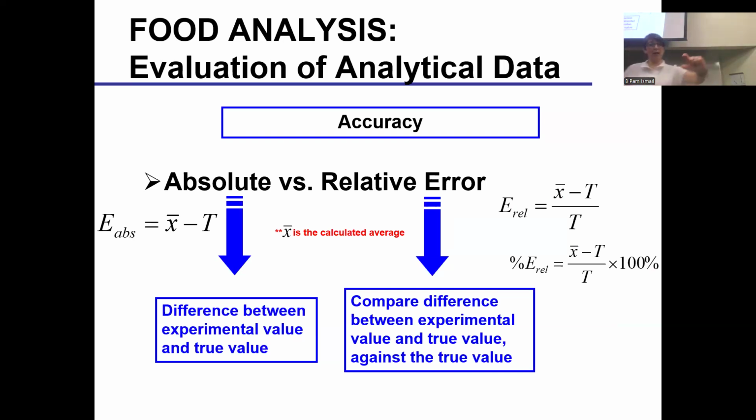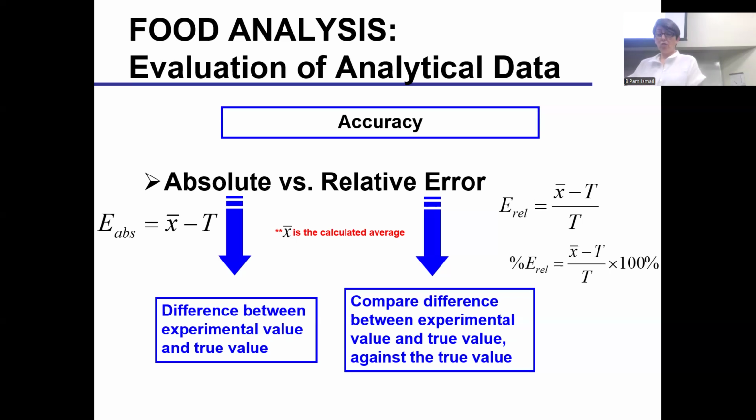So you know that the true value is 1 ml. Sometimes if you are determining protein content in a cheese product, then the true value would be whatever the label has on it in terms of protein content. Or the USDA website will tell you cheddar cheese should have this much protein.